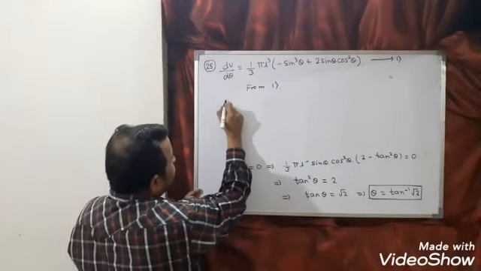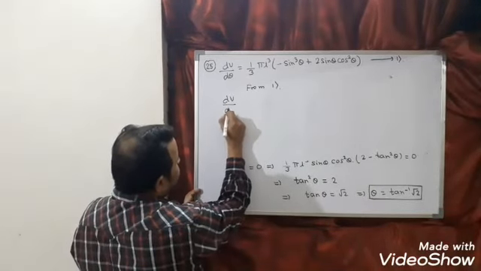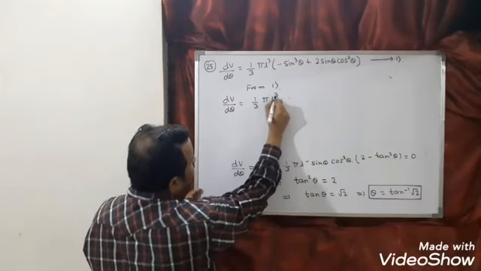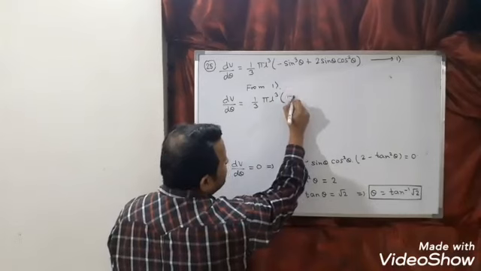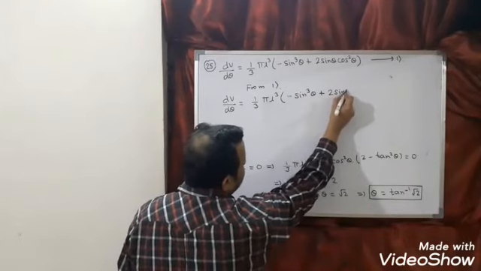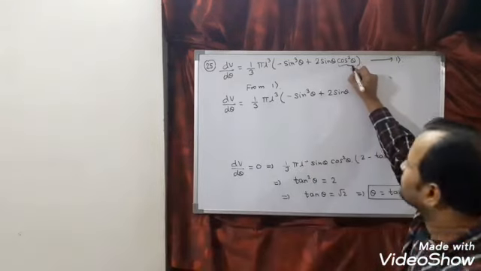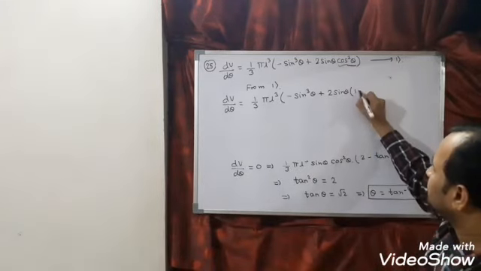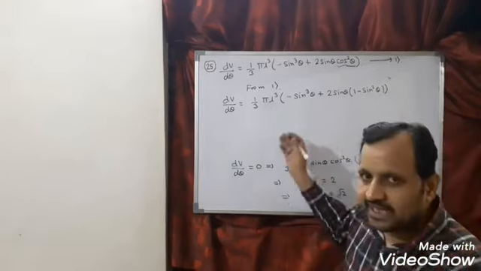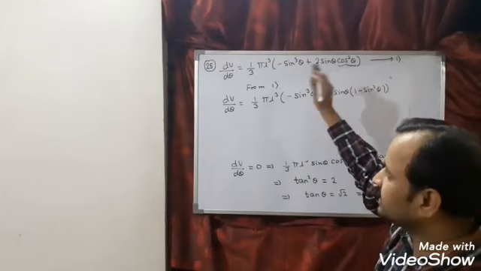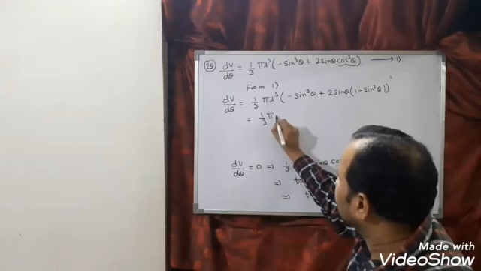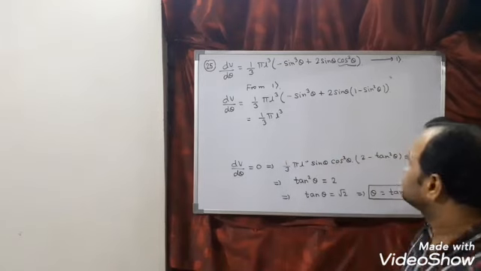Now let us simplify dV by d theta. So dV by d theta can be written as 1 by 3 pi L cube. Now this we can write as minus sin cube theta plus 2 sin theta. This cos square theta can be written as 1 minus sin square theta. To make calculation easier, I converted cos square theta in terms of sin. So this I can say 1 by 3 pi L cube, right?